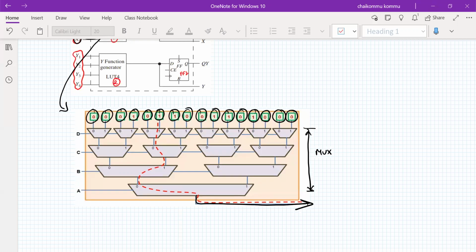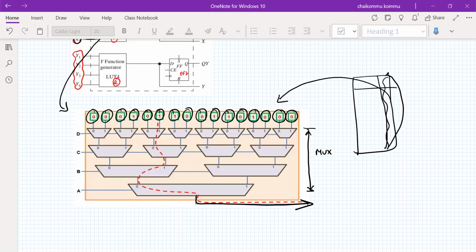Next one, 1, 0, 0, 1, 1, 0, 1, 0, 0, something like this. Whatever the truth table that I have, that output must be programmed into the SRAM cells. That is what we have to do as a designer, as a programmer. So the programming is nothing but deciding what content should be there in the RAM cells.